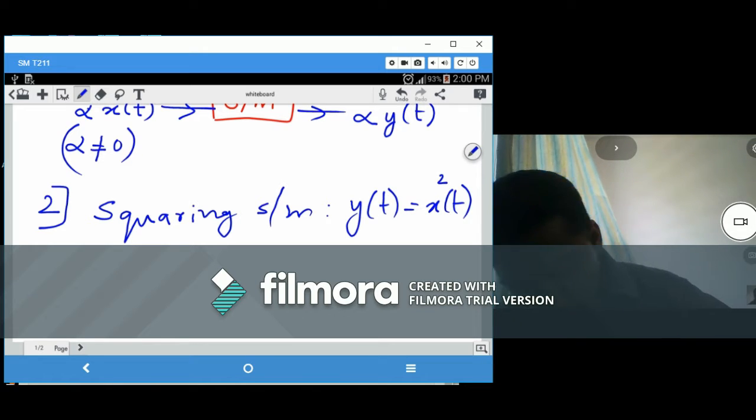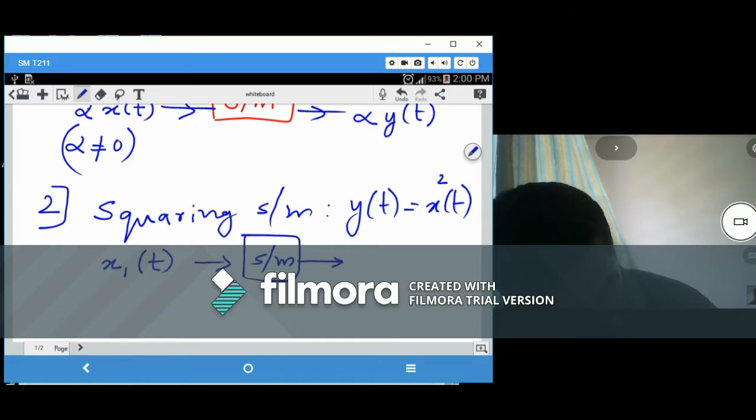Okay, so to check the linearity, we have to do the following. If I give x1 of t to the system, it would give y1 of t.